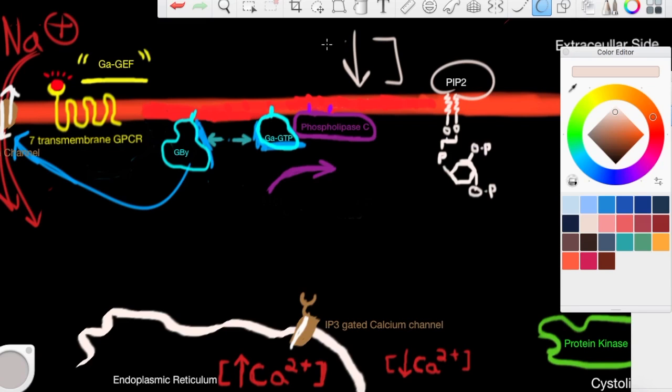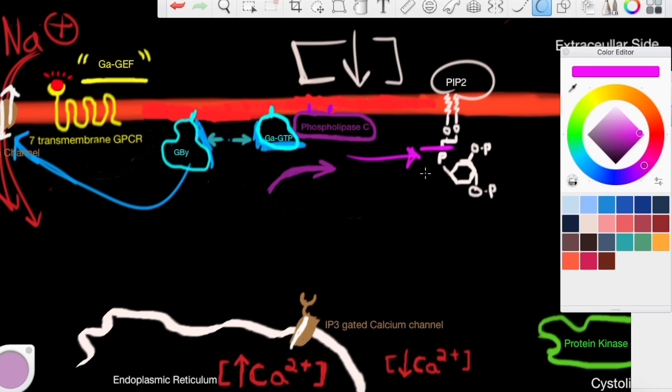This probably has to do with signaling, and so PIP2 is comprised of two fatty acid domains and a polar head group, which is a 6-carbon ring with 3 phosphates. So phospholipase C will come in and cleave at the point of distinction between the polar head group and the fatty acid chains, and they're going to separate into 2 molecules.